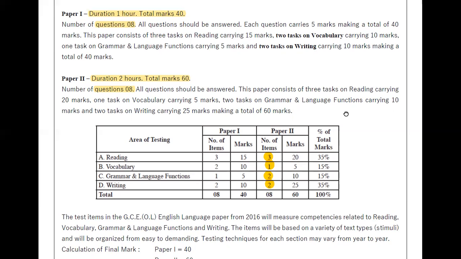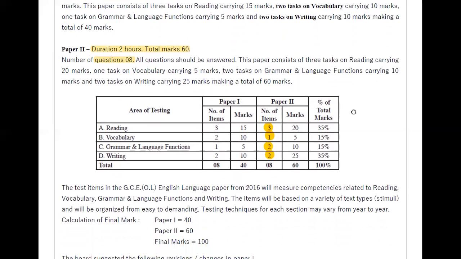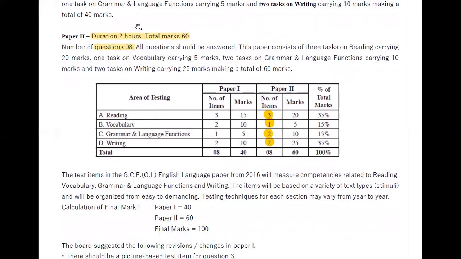If you can read, understand and answer the simple questions they ask, you can easily get 35% of your total mark. Vocabulary will be 15%. Grammar and language functions will be 15% again. And writing questions, which is very important, again 35%. If you add up all these percentages, you get the full mark, which is 100%.